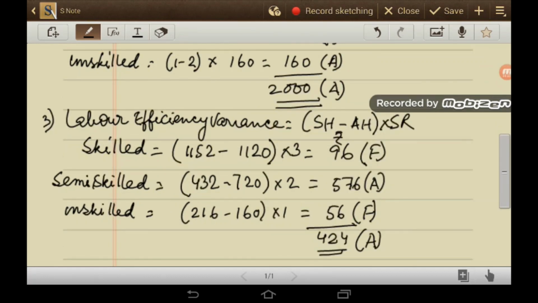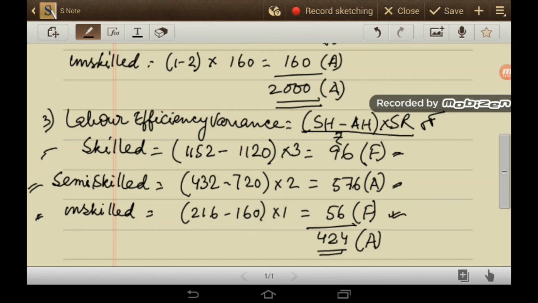Labor efficiency variance is calculated by this formula, standard hour minus actual hour into standard rate. So labor efficiency variance for skilled worker is 96 rupees favorable. This will be favorable because your actual cost is less than the standard cost. For semi-skilled worker it is 576 adverse, and for unskilled worker this is 56 adverse.